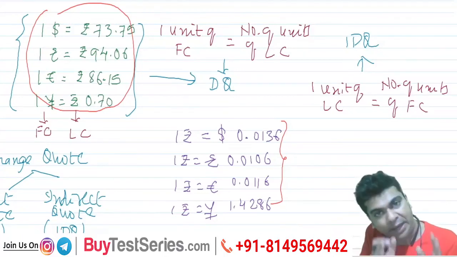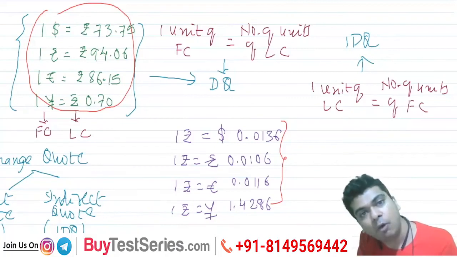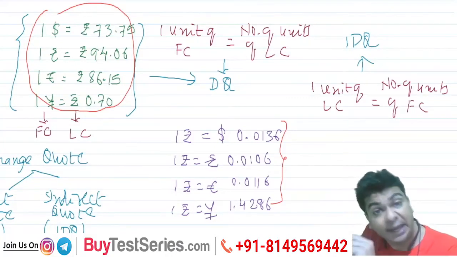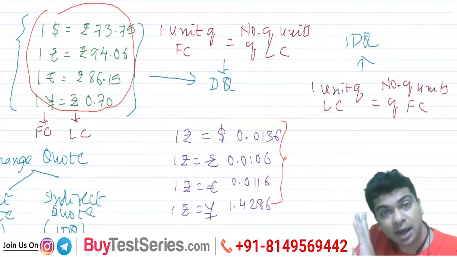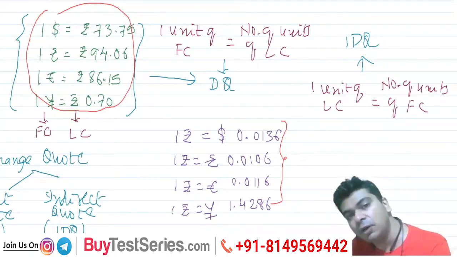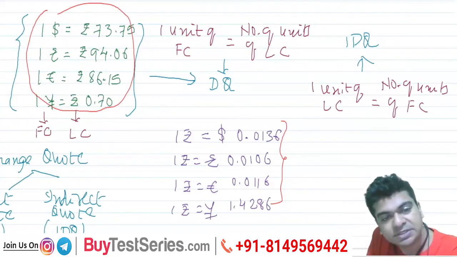So the learning point here is how exactly we are going to interpret whether it is a direct quotation or an indirect quotation. Be very careful; you have to simply remember this basic format. What is a direct quotation?